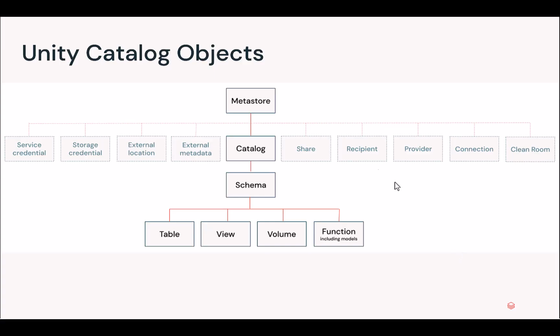So in Unity Catalog, from the metastore itself, you create the catalog, then you create the schema, or you can call it a database, whatever name you want to use. And then under the schema, you have tables, views, volumes, and functions, right? You have other things as well in the metastore.